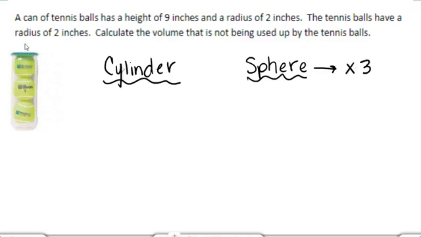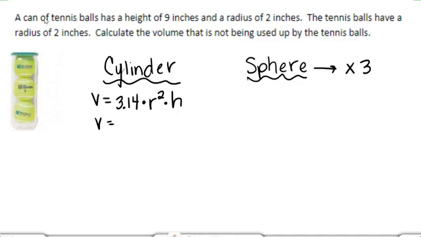All right, so let's first start with our cylinder. So we want our volume formula for a cylinder. Volume equals pi, and it doesn't tell us, but let's use 3.14 because that's what all your practice problems have, times the radius squared times the height. All right, so let's go back up to our problem here and fill in our value.